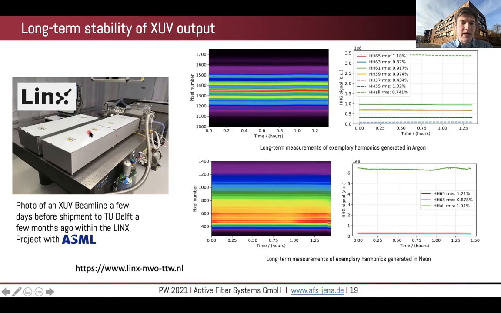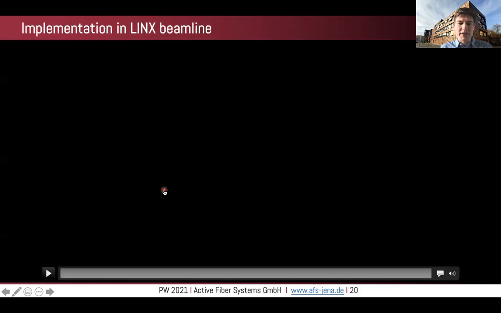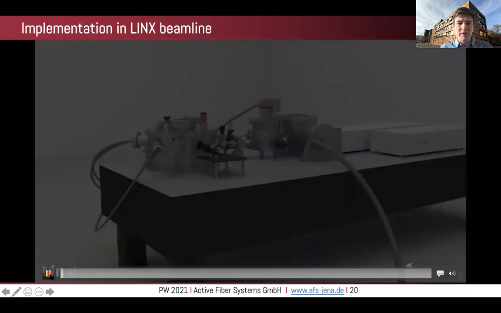As I said in the beginning, this system has been delivered to the university in Delft within the LINX project, which we are a part of together with ASML. If you want to learn more about this project, there's a nice website on it. What I would like to show is what the partners in Delft are trying to do with our source. We have shipped the source to Delft and they are starting to implement the experiment.